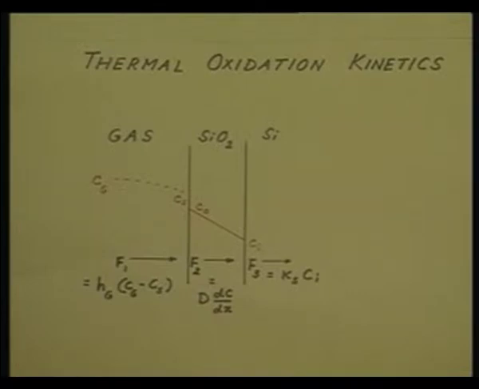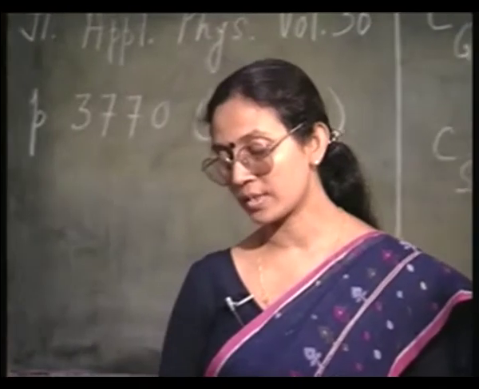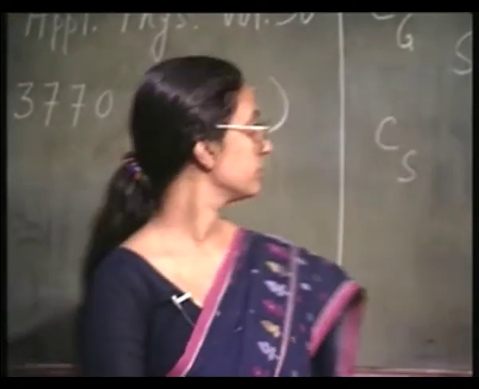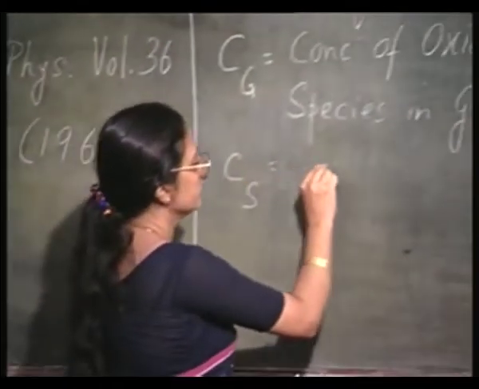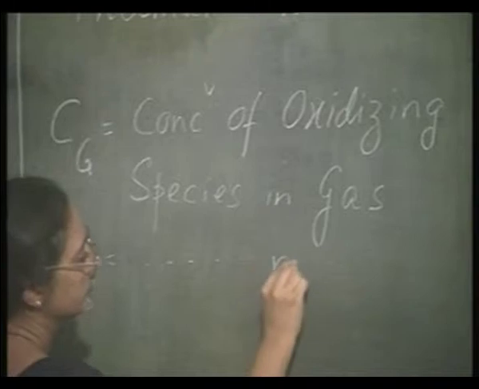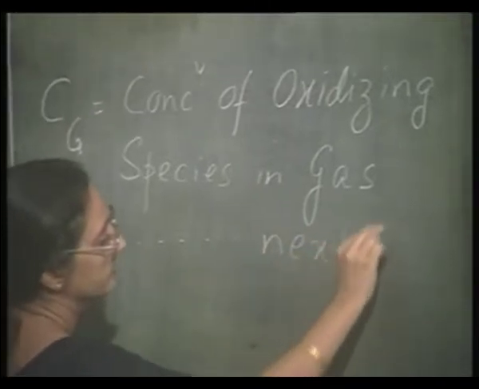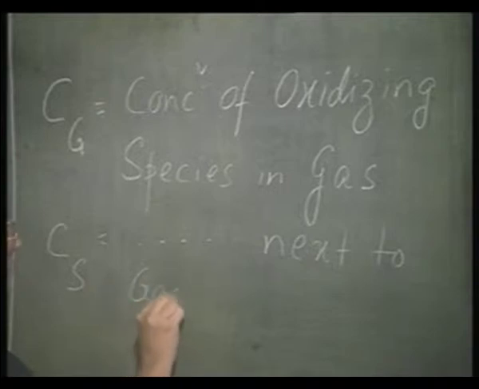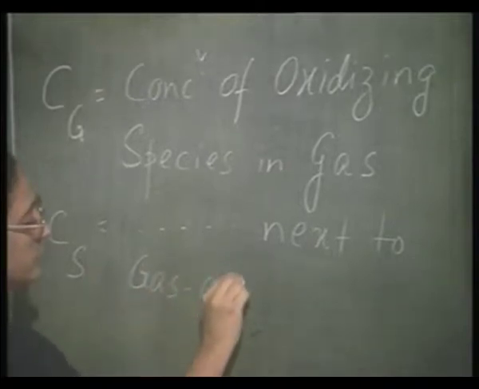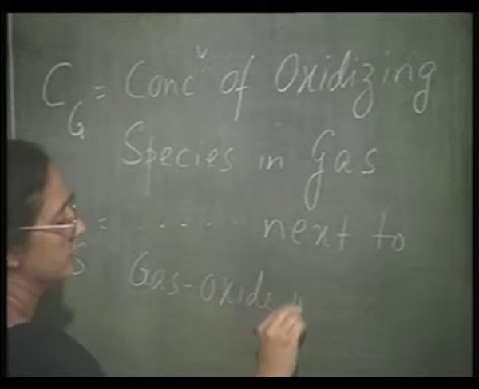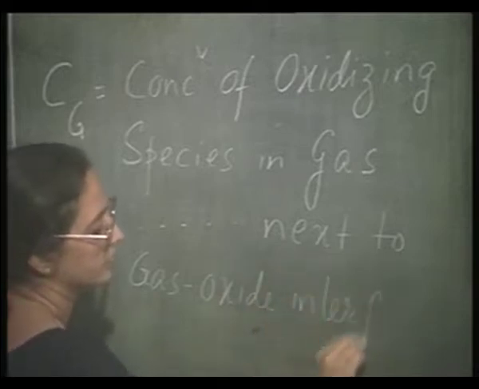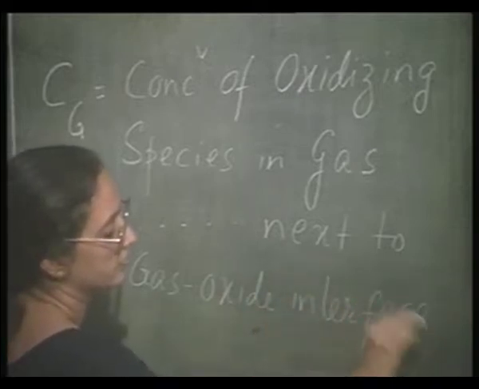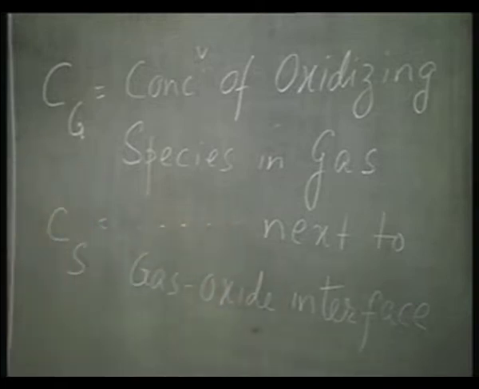So, this is the concentration of the oxidizing species right next to the gas oxide interface.